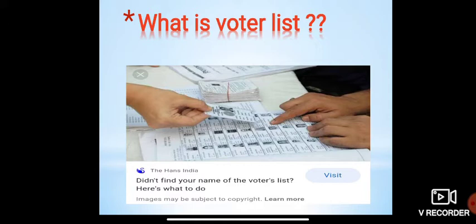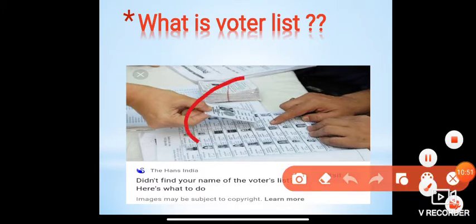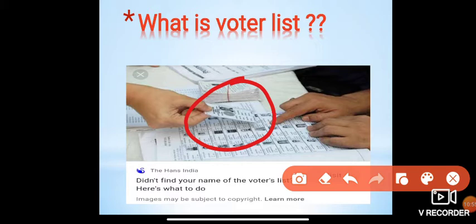In the last few years, a new system of election photo identity card has been introduced. Voters are required to carry this card when they go out to vote, so that nobody else votes on their behalf.